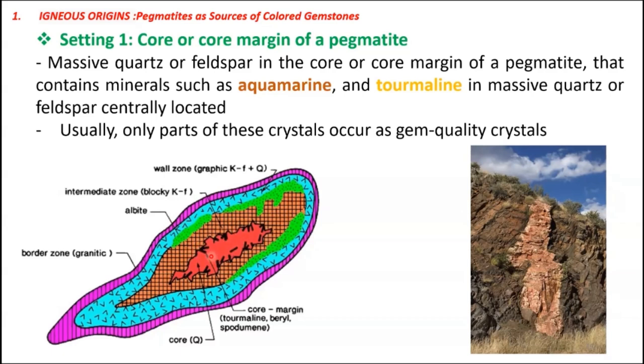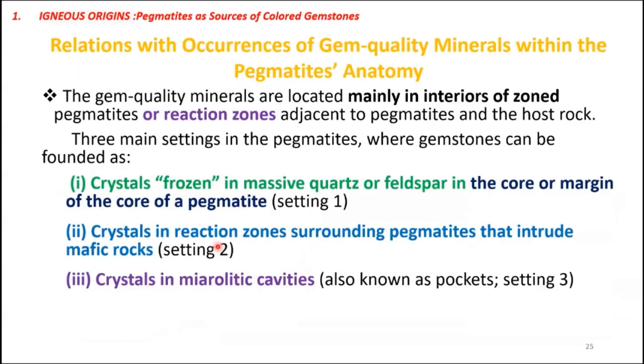Now it is linked with fractional crystallization. As a result, mainly incompatible element rich mineral phases, there is a possibility you can identify, have mineralized at the core area. So when you are considering pegmatite, we can identify the origin or formation of gems in three main zones.